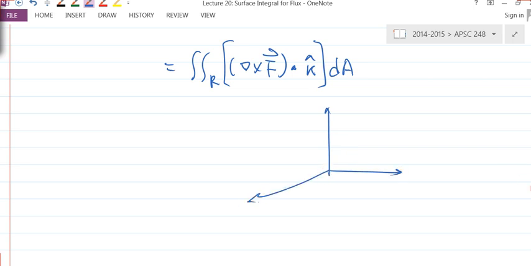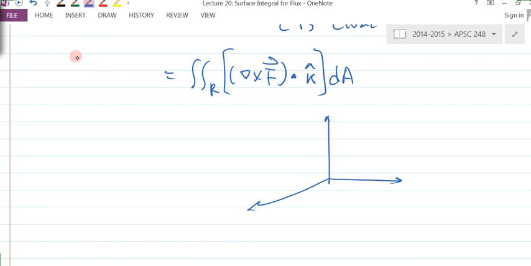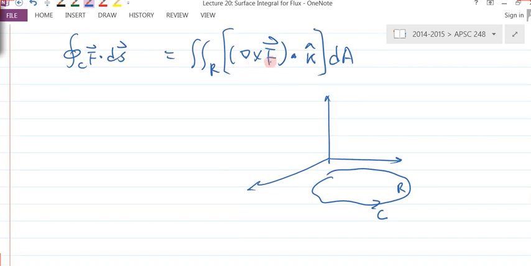If I draw the relationship here, where's my C? Let me write it down here, the integral of F dot ds. This is the curve C here. And R is the region enclosed by curve C. Then what is this del cross F dot k hat?